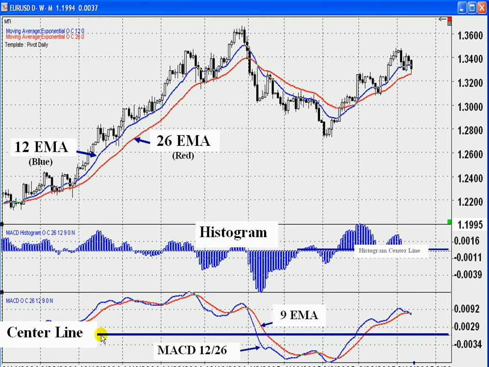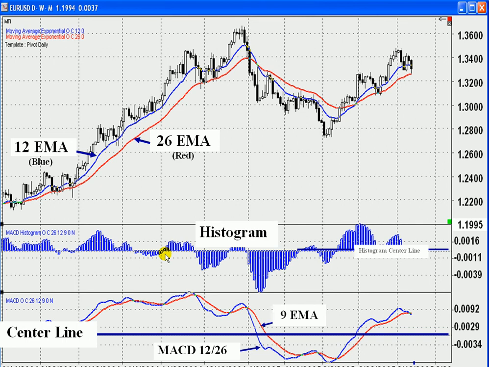Looking at the MACD, first of all, we do have a center line that runs through the 0 point, and we have the blue line, which is the MACD 12 and 26 exponential moving average combined formula. The red line here is a separate 9 setting exponential moving average, and this is the histogram here.